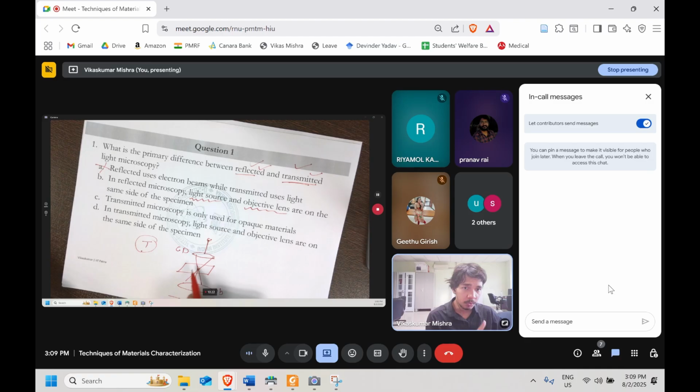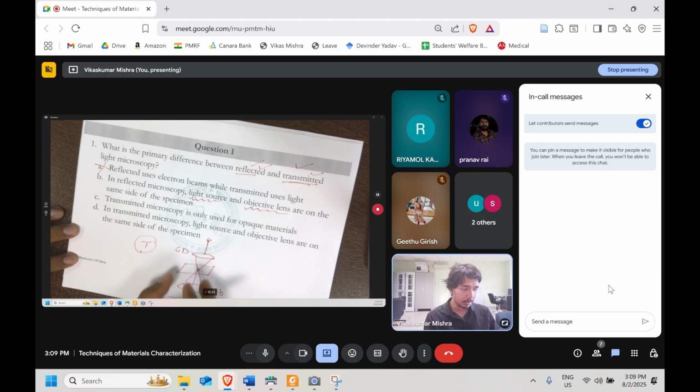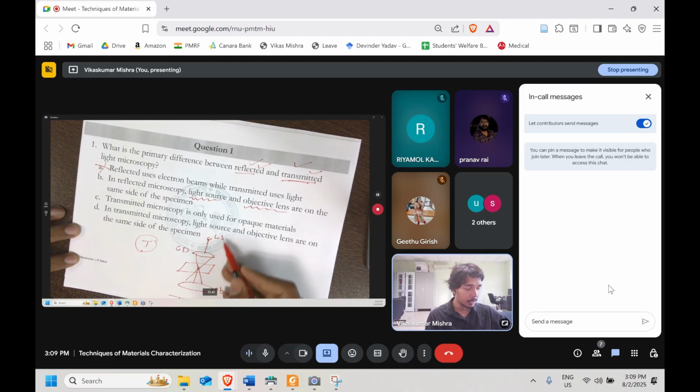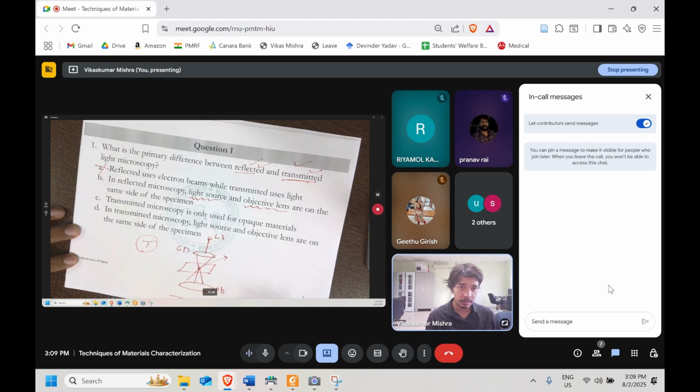Now the light goes back because it's the reflected mode, it will reflect back. In the transmitted mode, the objective lens is placed opposite the light source, across the specimen. But in the reflected mode, the specimen reflects the light back, so the objective lens will be on the same side.